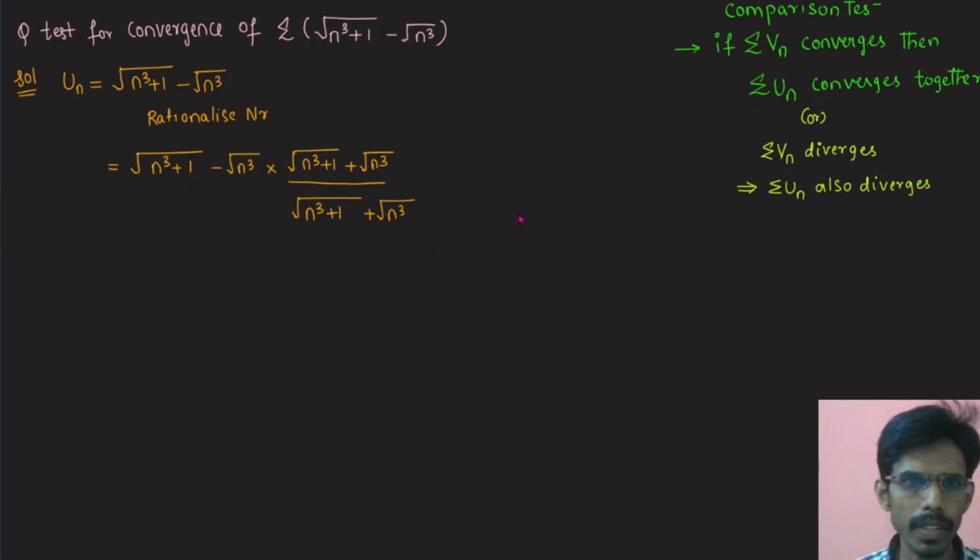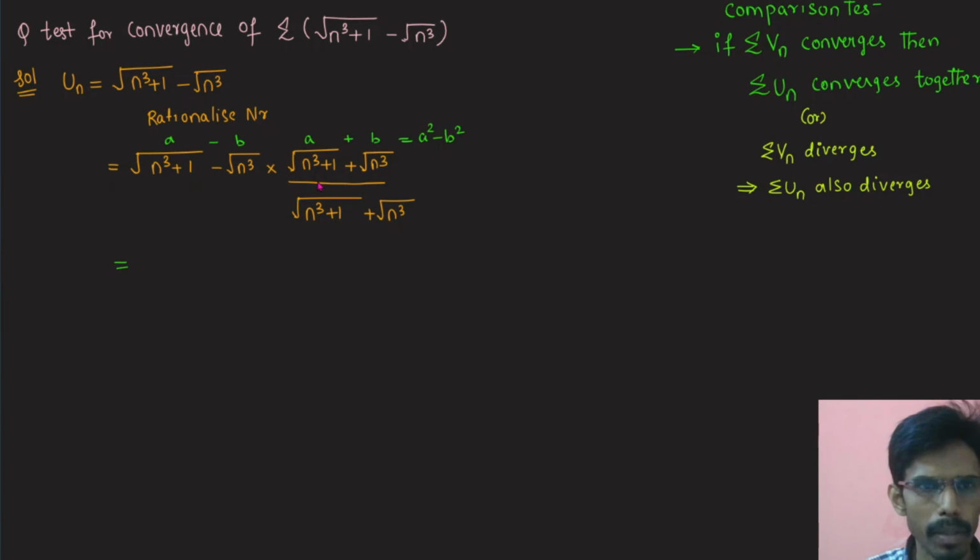Now see here, if I take this as a minus b, this will become a plus b, then this will become a square minus b square.